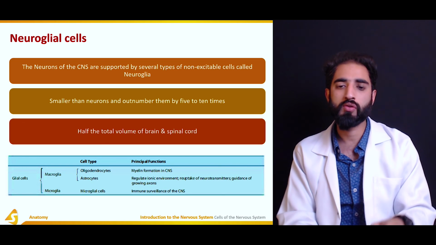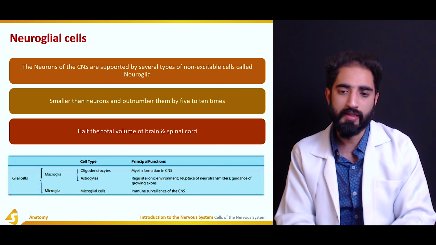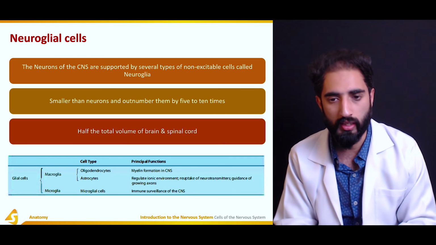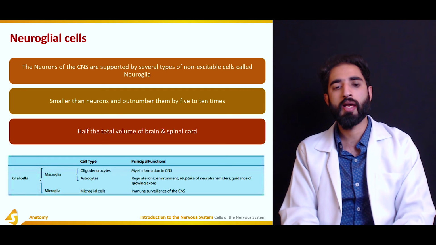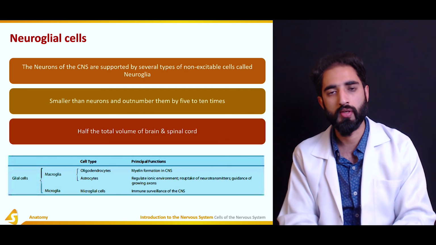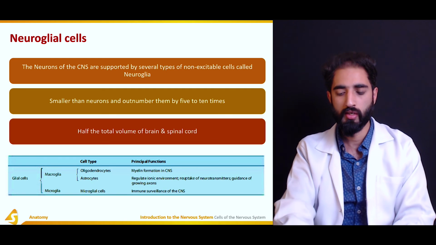On the other hand, astrocytes regulate the ionic environment, reuptake of neurotransmitters, and guidance of the growing axons. And the microglial cells are very important in the immune surveillance of the central nervous system.